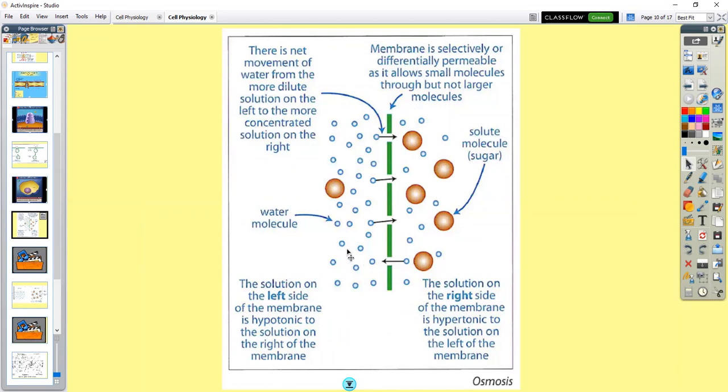So water will move from the hypotonic, where there's lots of water on the left-hand side, to the hypertonic, which has lots of other stuff in it, so a lower concentration of water. It will move from left to right through that selectively permeable membrane until you get equilibrium.